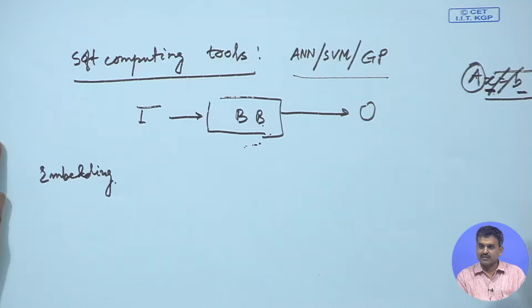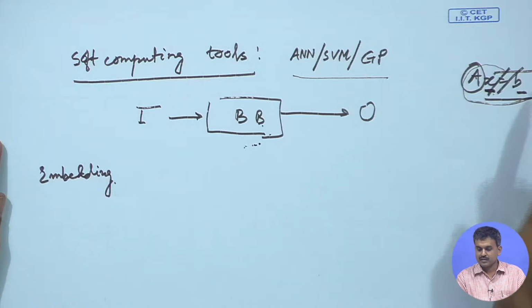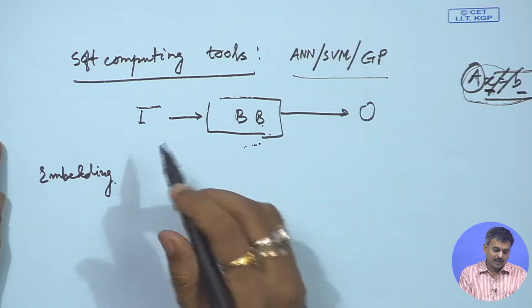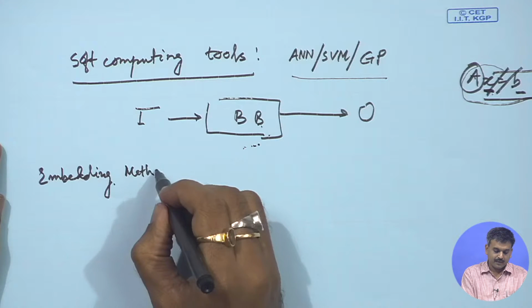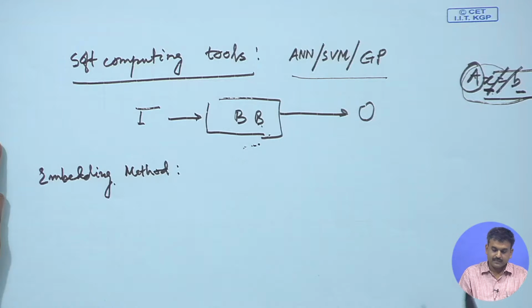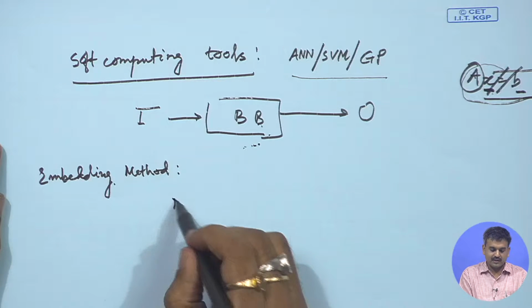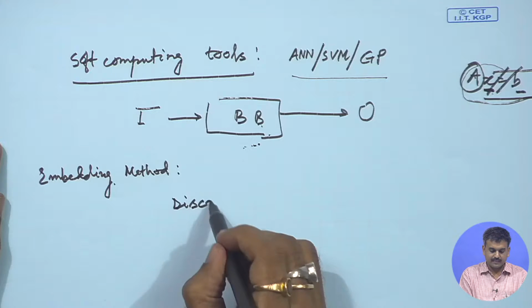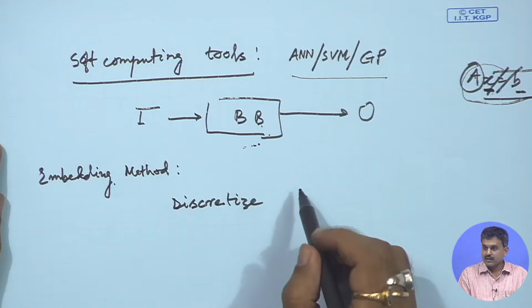Yeah, feasible region. You have to consider this thing. But in the embedding method, we discretize the governing equation.